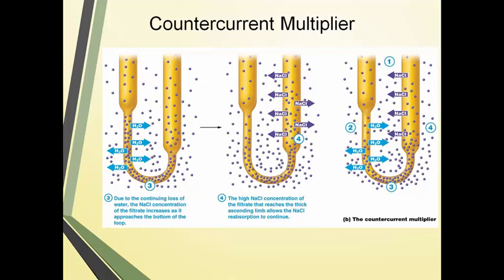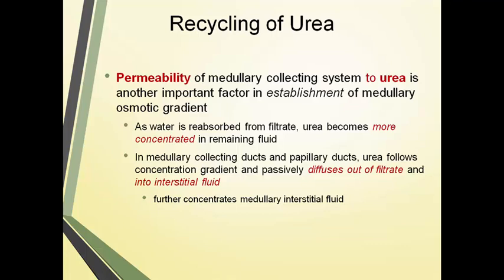So we know that the thick segment is permeable to electrolytes, your sodium chloride. Your thin segment is permeable to water. So this permeability then is going to lead to the urea to establish and maintain the osmolarity within the medullary portion of the renal pyramid.